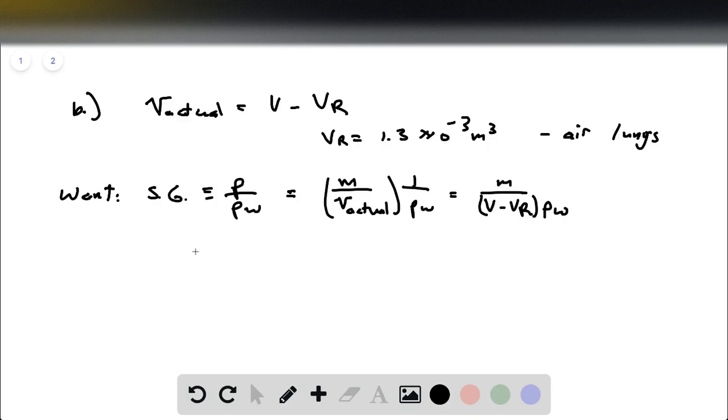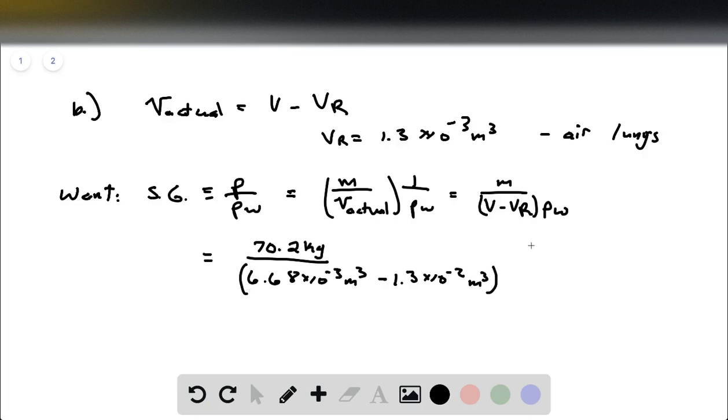So we can just plug in all those numbers that were given. M is the 70.2 kilograms. We just calculated the volume. And we want to subtract off this residual volume, which we're told. So those are all meters cubed. Make sure you're using the right exponent when you plug this into the calculator.